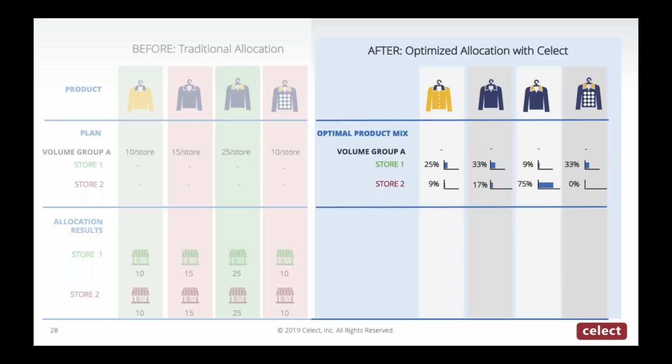When you look at these 4 products, instead of looking at one product at a time and asking what I should send of that individual product, we actually look across all of the products that we're allocating. Here you'll see your volume group A, with store 1 and store 2.